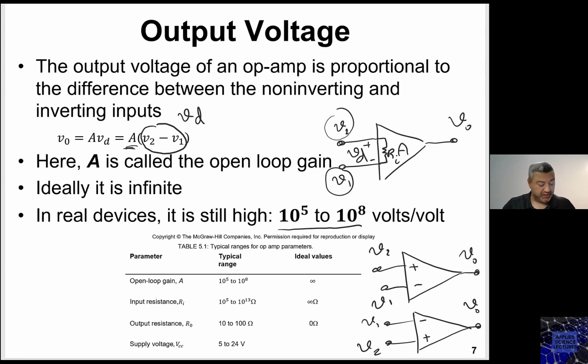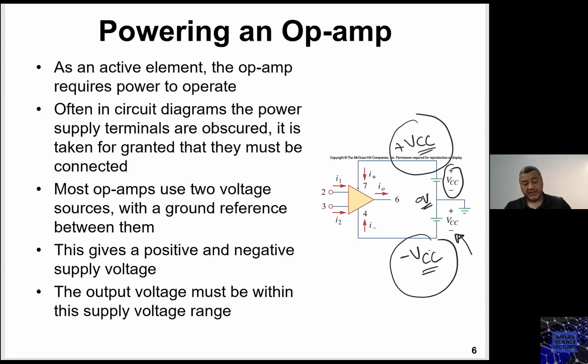This is, as I said, the operational amplifier. Here, we're not seeing what's inside this triangle, this black box. We're only seeing the pins of the input, the power supplies, and the output.